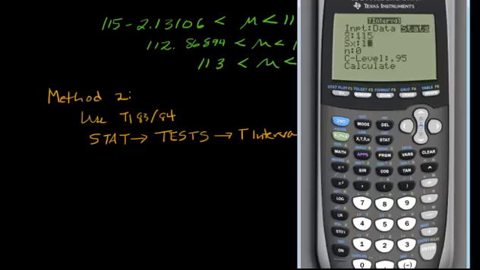Sample standard deviation is 10. Sample size is 150. Confidence level is 99%. And we'll calculate. We get 112.87, 117.13.